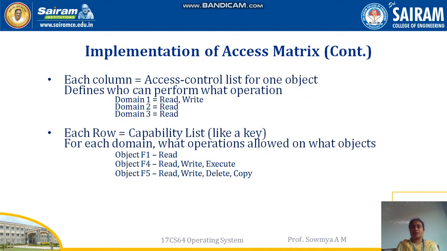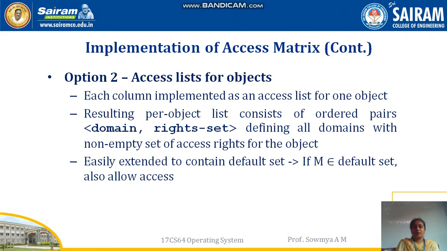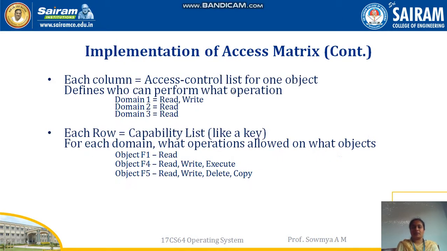Next we will see the implementation of the access matrix with the help of an access list for one object. Each column has a domain name and its access right. So the access control list of one object defines who can perform what. You have 3 domains and their access.